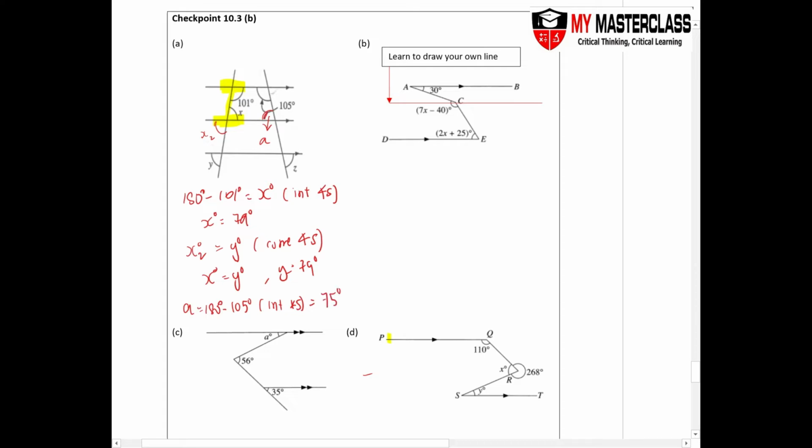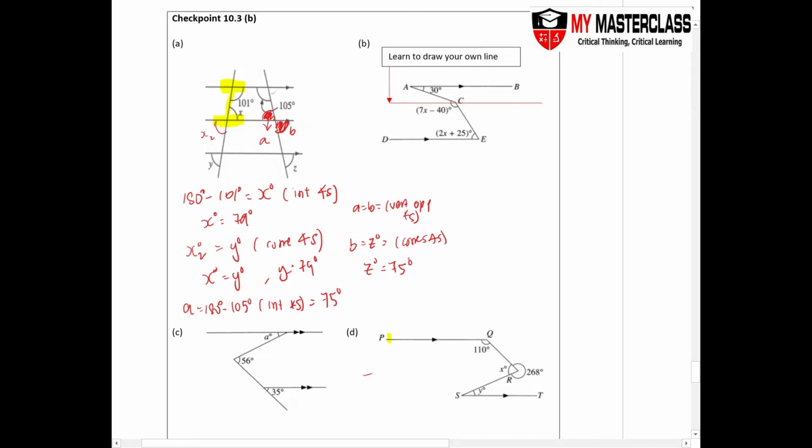Then 75, which is this angle, vertically opposite angles would give you B as the same. So A and B are the same because they are vertically opposite angles, whereas B is the same as Z because they are corresponding angles again. Therefore Z is 75 degrees.